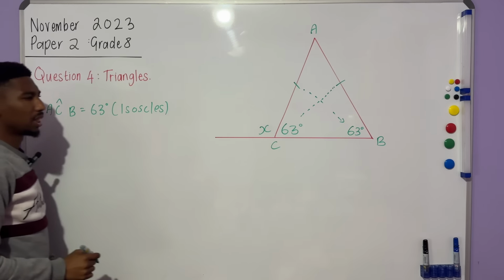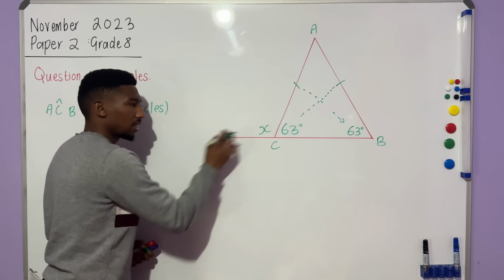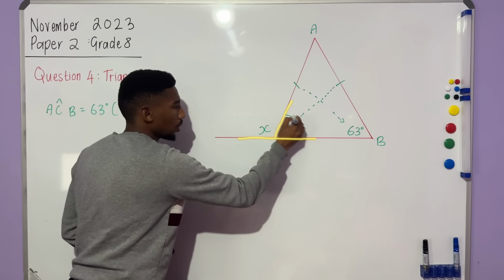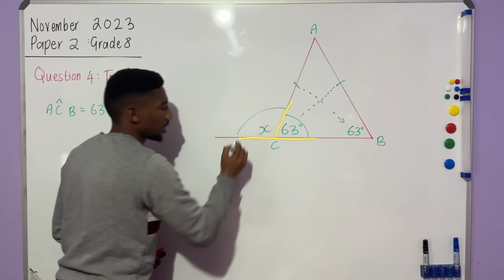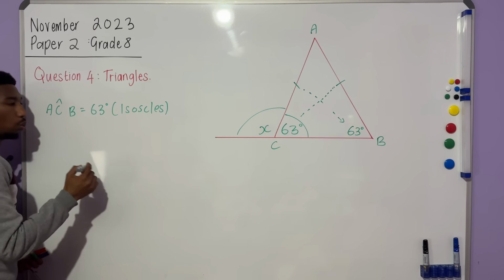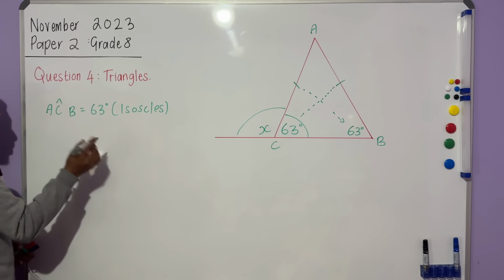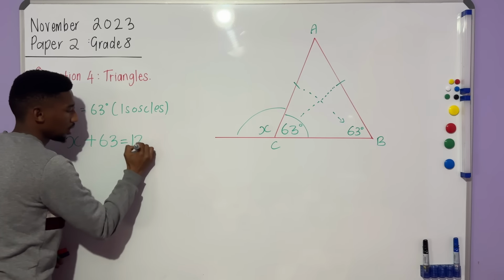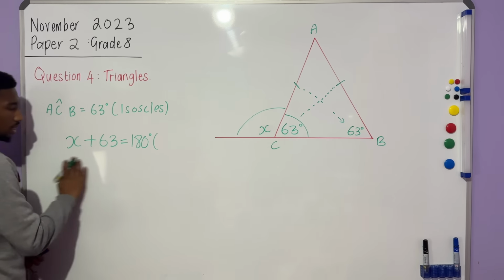Now when you look at how to find x, you can see that it is on a straight line with 63 and x. Okay, so we know that all the angles on a straight line, if you add them, x plus 63, they would equal 180 degrees.